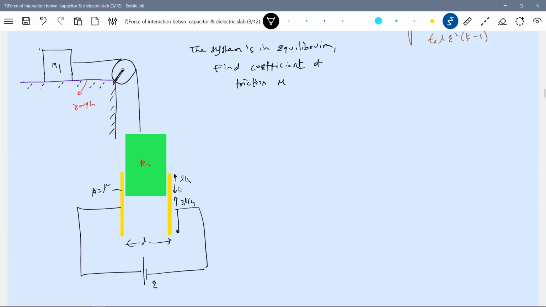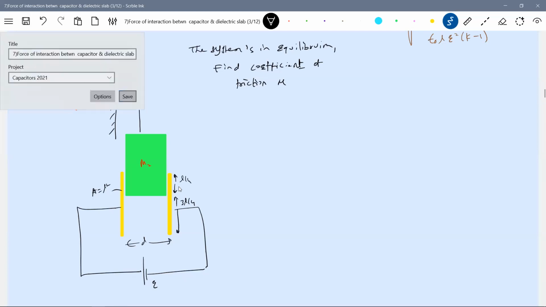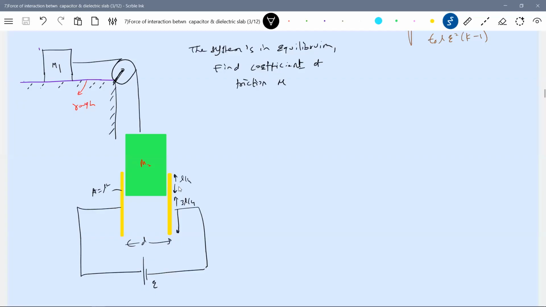So slowly we are bringing that force into our mechanics here. You need not bother about anything else; you are just bringing that force into mechanics. What are the various forces that will come into the picture? Normal contact N1, M1G, the friction, the tension T acting here, then the weight of the slab.